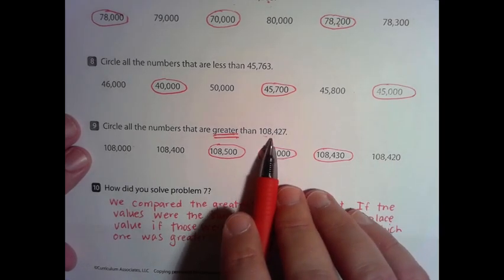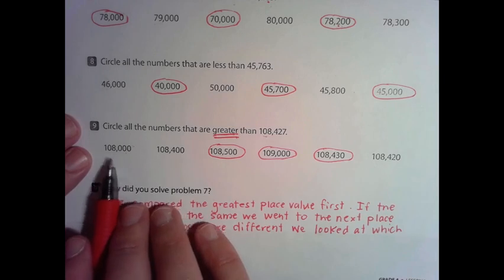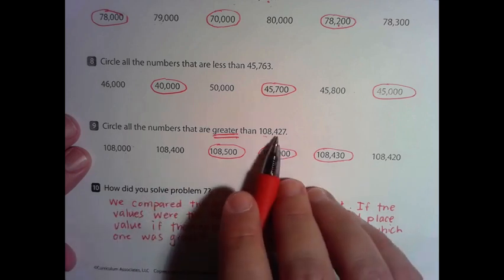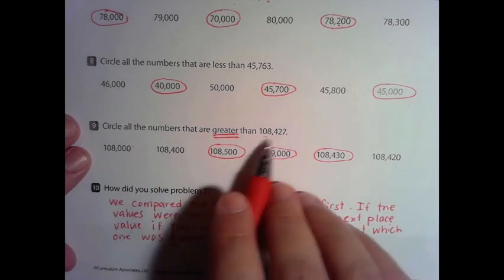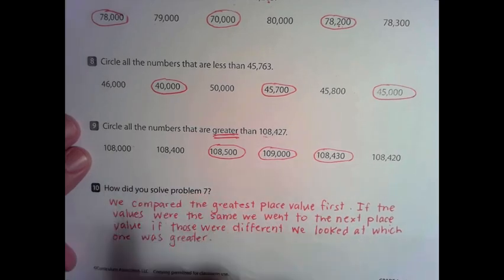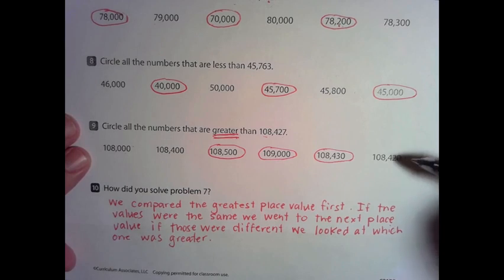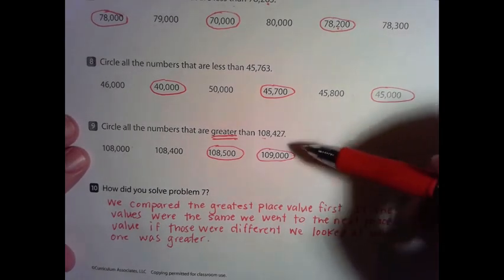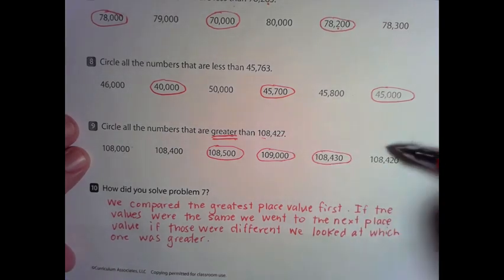So this one is larger, so that's why we left this one alone because it's less than. 108,400, again, there's 27 ones more, so that's why this one's greater. So again, this is less than, so we left it alone. And then finally over here, we had 108,420, and over here we had 427. So once again, this is less than, so we left it alone.